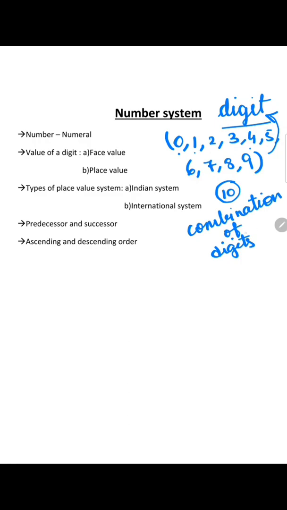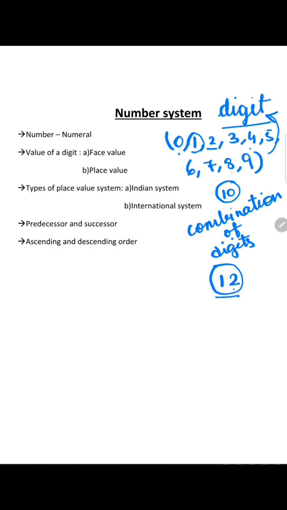Now, what is meant by combination of digits? For example, let me take two digits. 1 is a digit, 2 is a digit. When I combine these two digits, that is 1 and 2, I will get a number called 12.